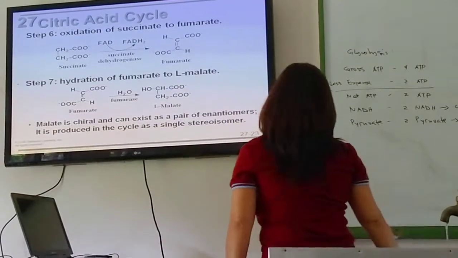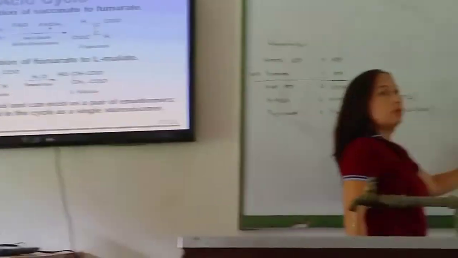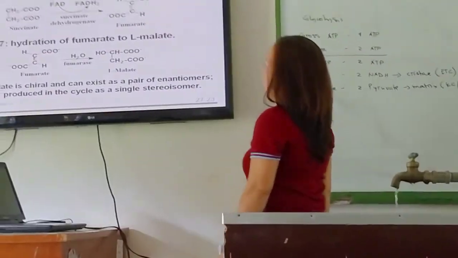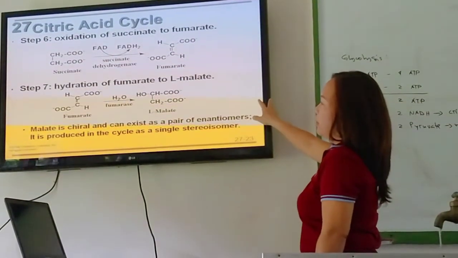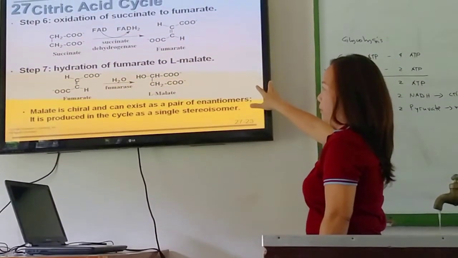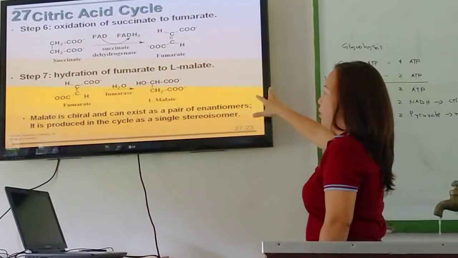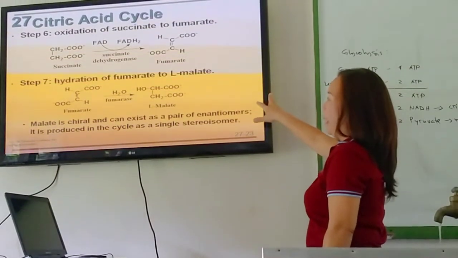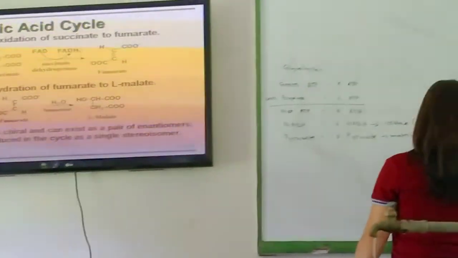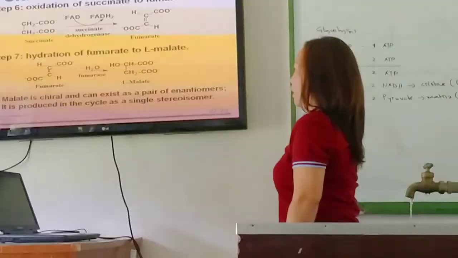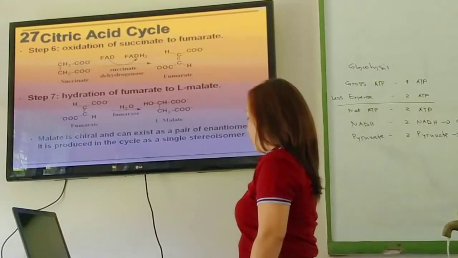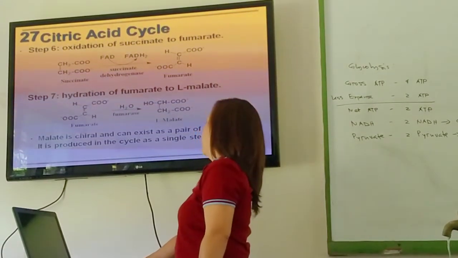So you have here FADH2 production. So the next step is hydration, meaning addition of water. Hydration of fumarate to malate or malic acid. So fumarate to malate, with the addition of water or hydration.